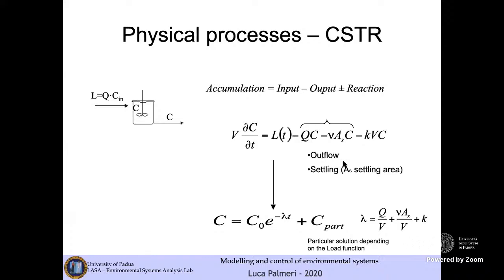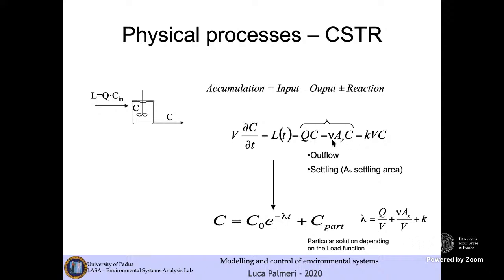a differential equation system. These are first order ordinary differential equations. So we have the derivative in time of concentration equal to the load function, minus what goes out from discharge, minus what is taken away from the system due to settling.